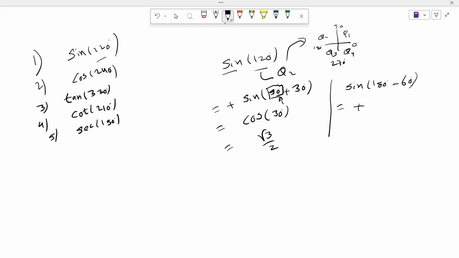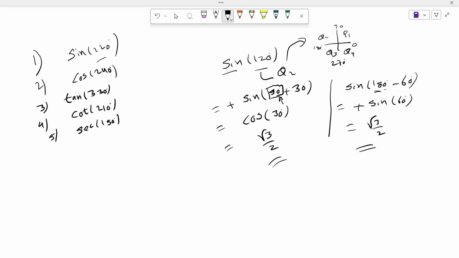This time discard the unit place, and we have 18. 18 is an even number, so for even numbers we get sine as it is, and the angle is 60. Sine 60 is root 3 by 2. So in both cases we got the same answer. Like that we have to solve this numerical.